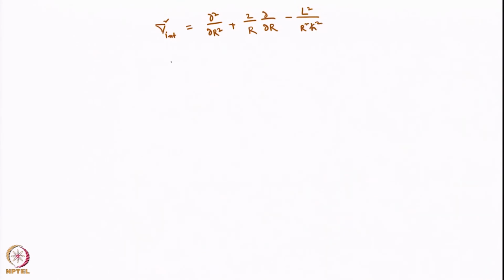This is the transformation in spherical polar coordinates, where I will come back to what L is. Where your L square operator is given by minus h bar square into 1 over sin theta d by d theta sin theta d by d theta plus 1 by sin square theta d square by d phi square.